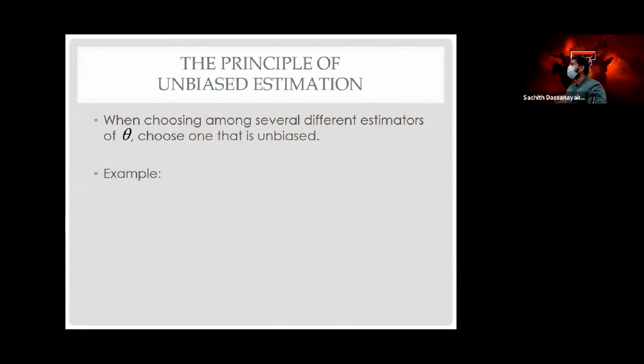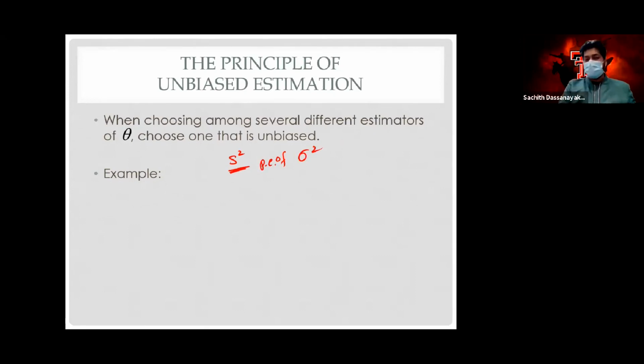For example, s squared. What is s squared? S squared is the sample variance. We consider this as a point estimator of sigma squared. This is biased.